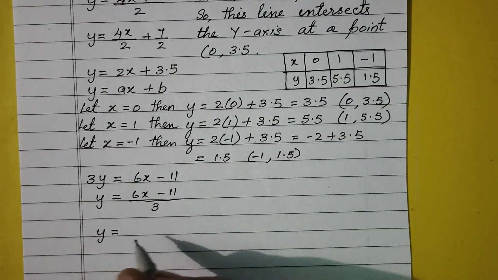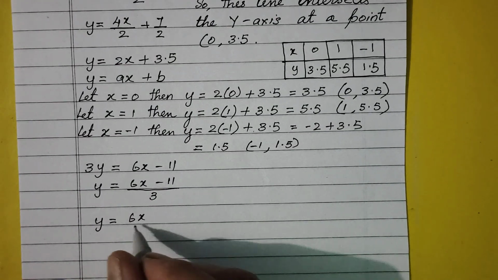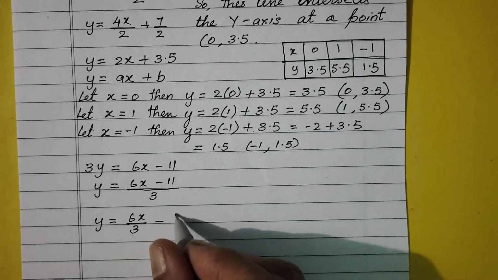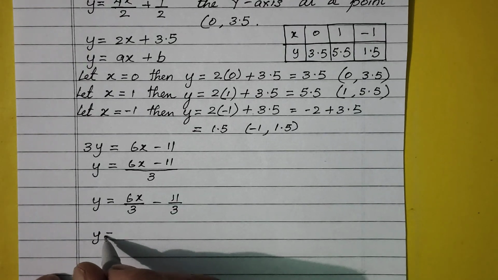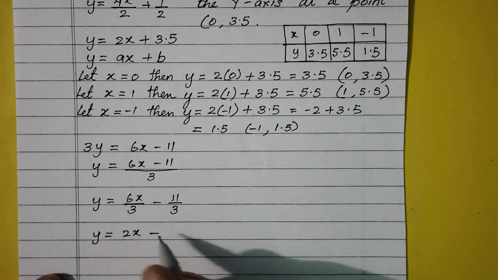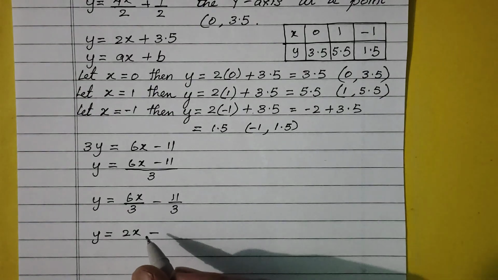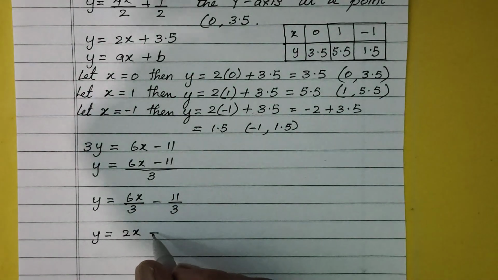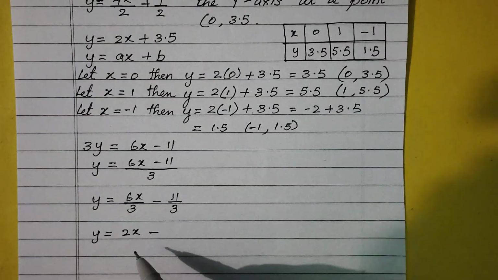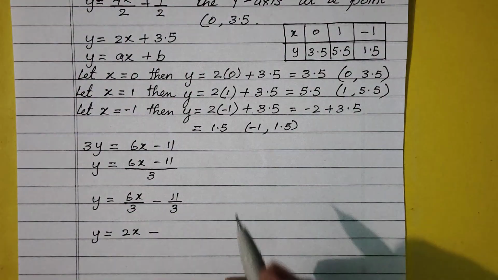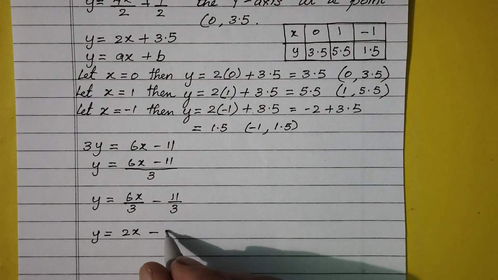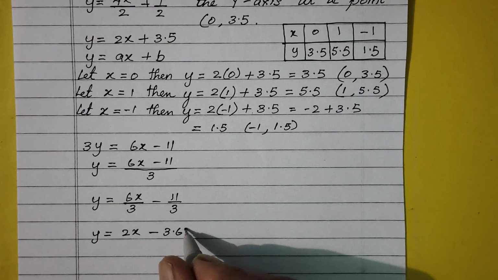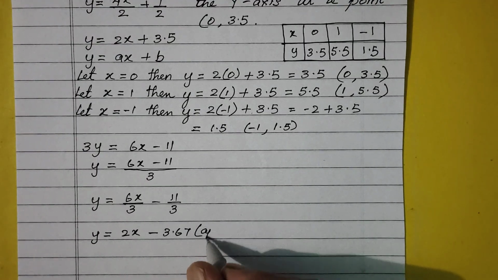So y will be equal to 6x by 3 minus 11 by 3. So y will be equal to 2x minus 11 by 3 is 3.67. 3.67, it is an approximate value.